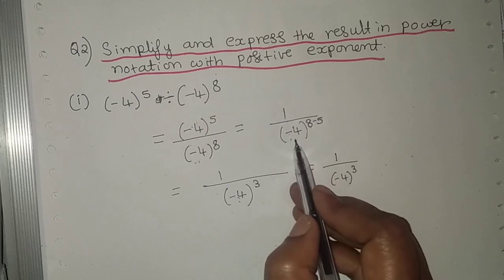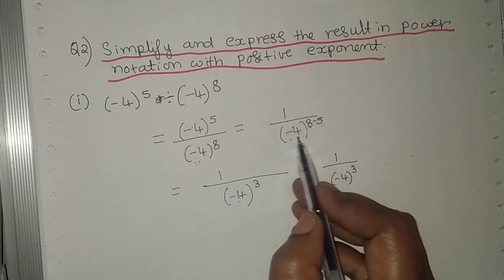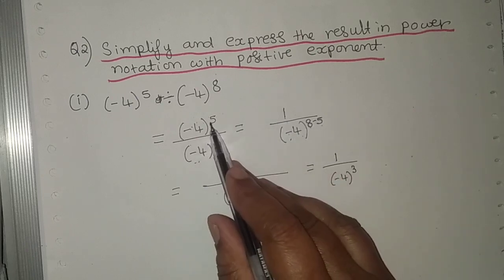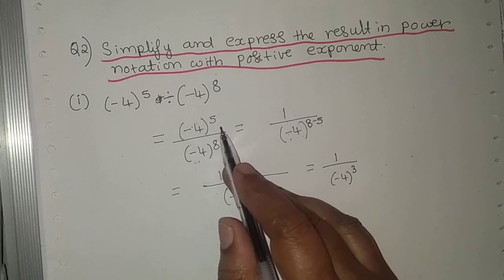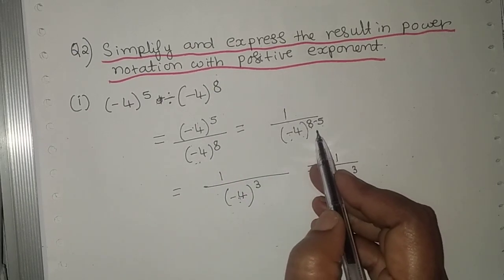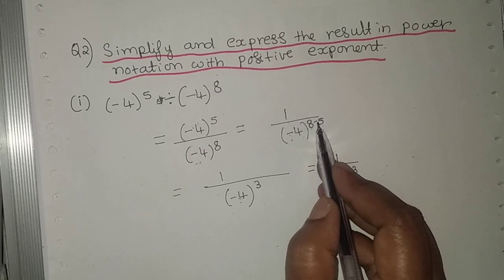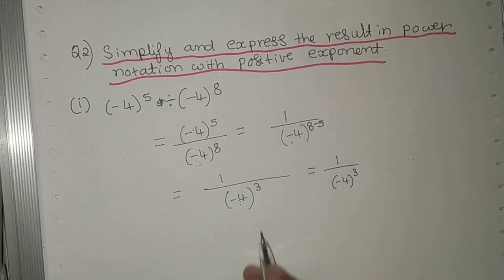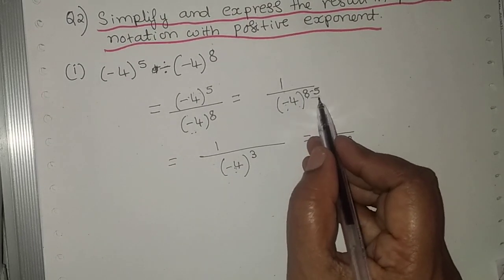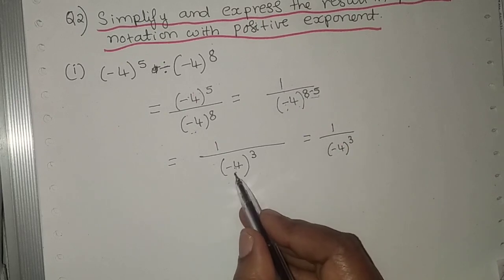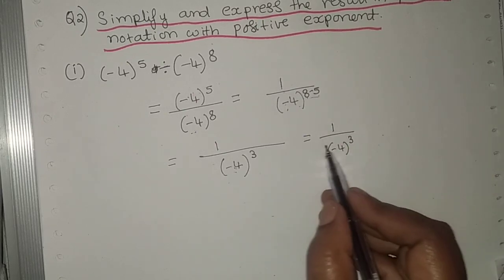Since these are common, we can write like this, -4. Since this is positive here, it becomes negative. Therefore 8 is there, then 5. These two are common. Then 8 minus 5 is 3. (-4) to the power of 3 remains as it is.